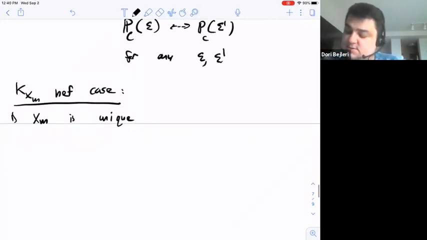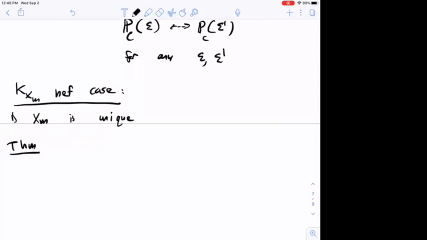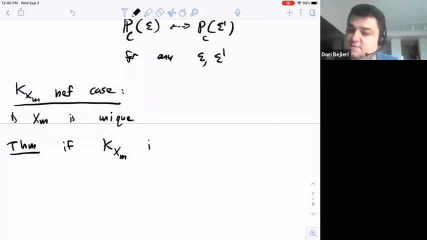And then the second is a very important theorem, which is that if KXM is Nef, then it's actually semi-ample.